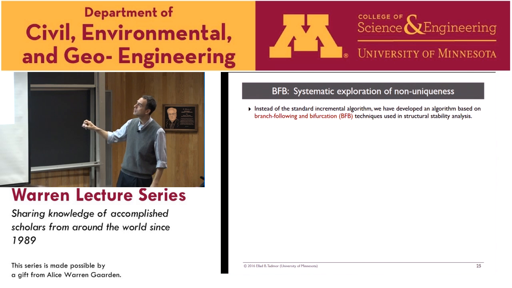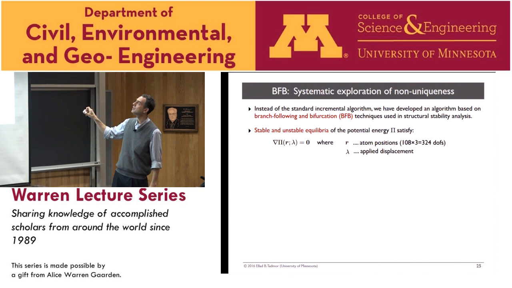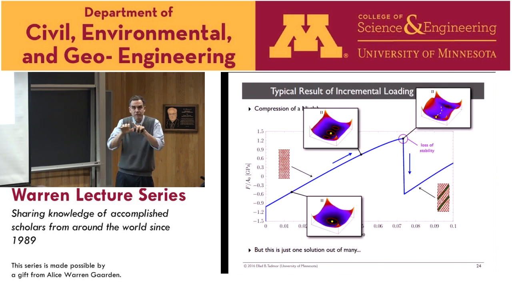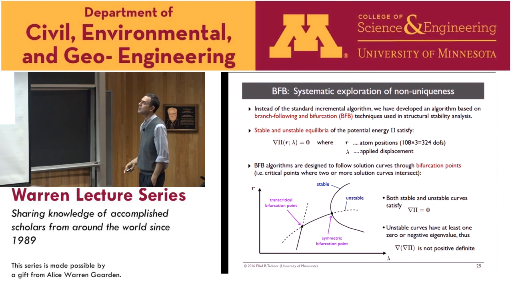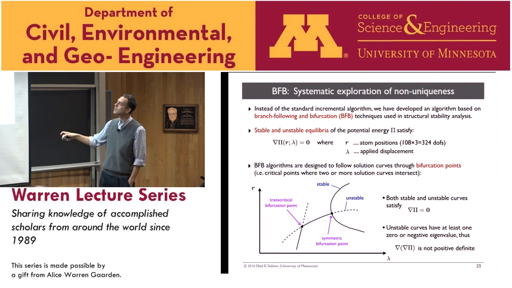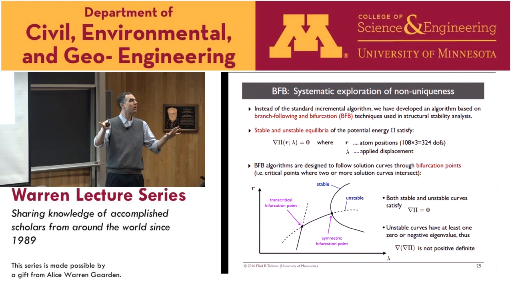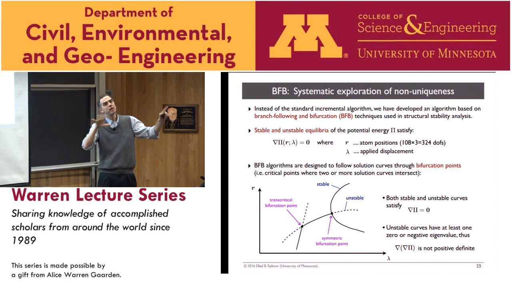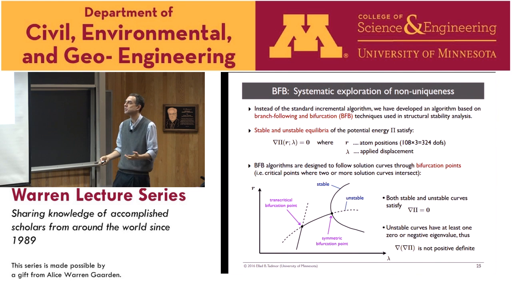So what we really want to do is follow these lines, get to the instability point, and then find the things that come off of that point. That's what these methods allow you to do. They allow you to go through a line, get to a bifurcation point, this instability point, and then follow the paths that come off of it. And then create this network of roads, all the stable and unstable pathways in your system. That's what they basically do.